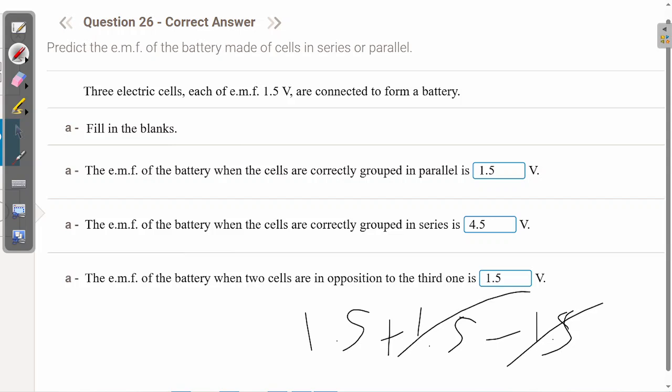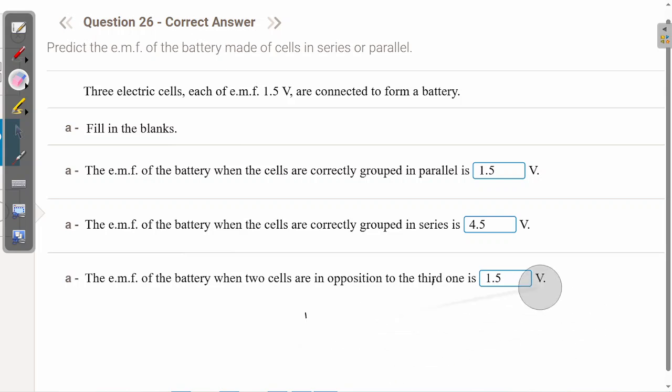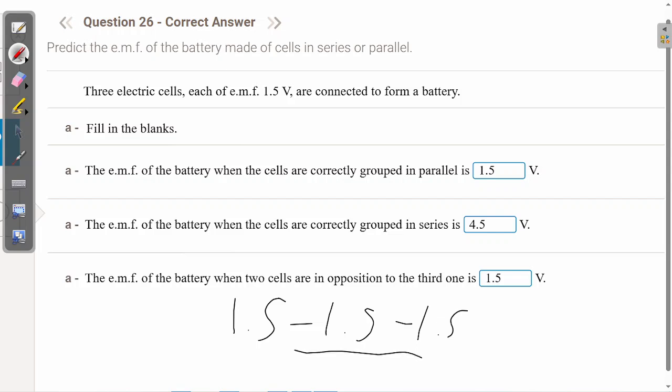So we're gonna get 1.5. Okay, it doesn't matter the sign you pick because it will pick the direction of the stronger cells. So if let's say you chose 1.5 minus 1.5 minus 1.5, you're gonna get negative 1.5, but it's in the direction of the two cells, so just say 1.5.